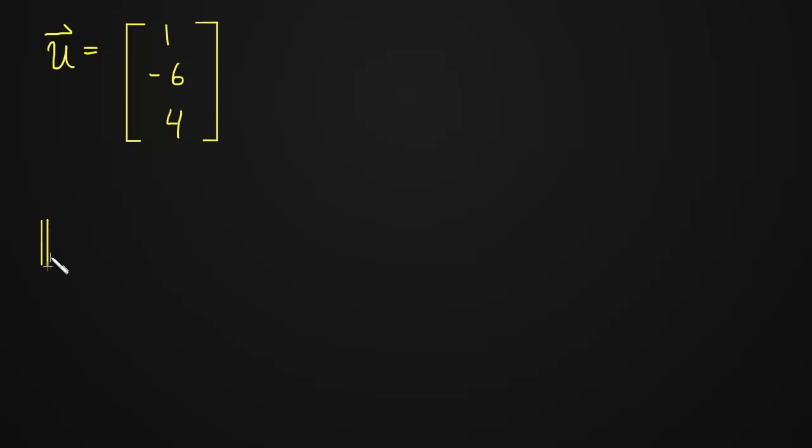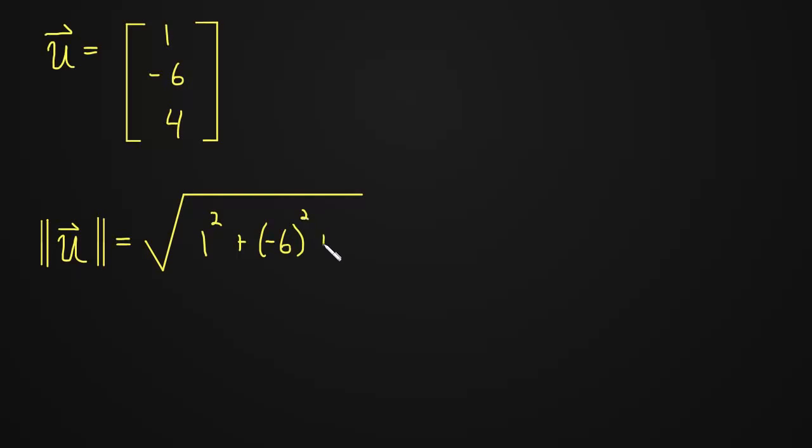Well, we don't need to go through the whole process that we went through. As long as we understand what we did, we can just remember that the end result is that we take each component, we square it, we add them all together, and we take the square root. So simply the square root of 1 squared plus -6 squared plus 4 squared. And that's it.